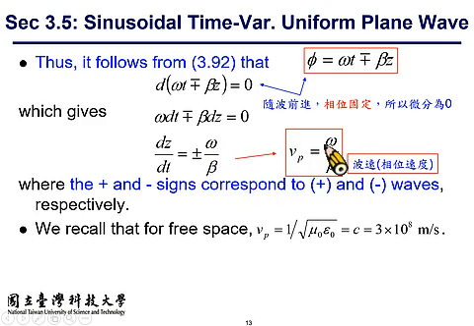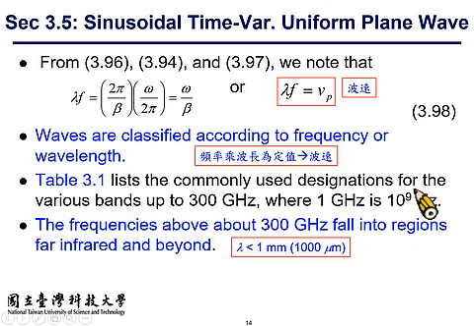So as you can see here, the phase velocity is determined by the angular frequency and the phase constant, beta. And for free space, the phase velocity is 3 times 10 to the 8th. As already shown, Vp can, with some change of variable, be replaced with lambda times f. That is the velocity of the electromagnetic wave.